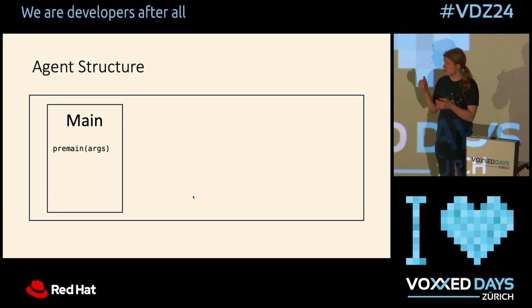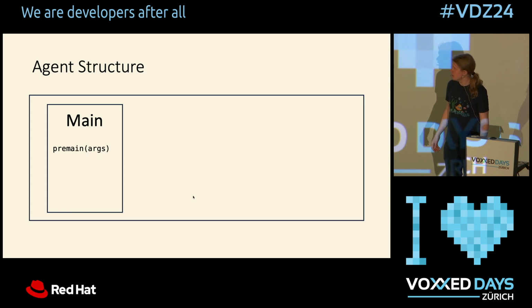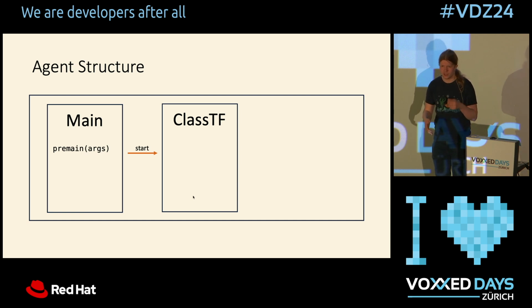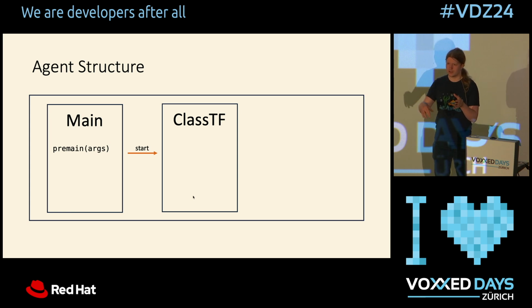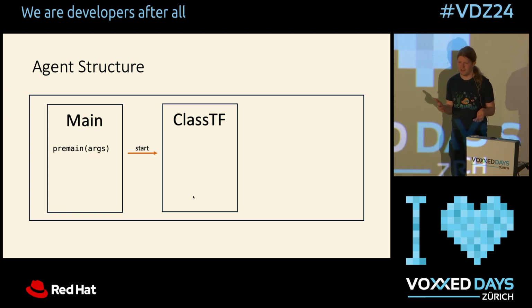An agent normally consists of three parts, and that's the same for most of the agents that you write. You have your main method that contains the entry point, and this main method does the command line argument parsing and such, and usually starts a thread, because if your agent runs and runs in its normal thread, it halts the JVM, which is not great.